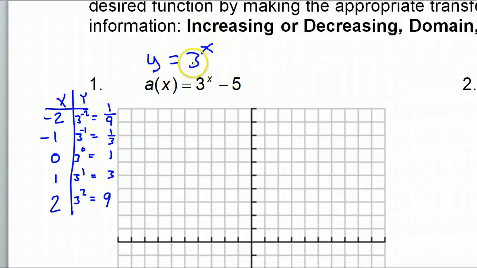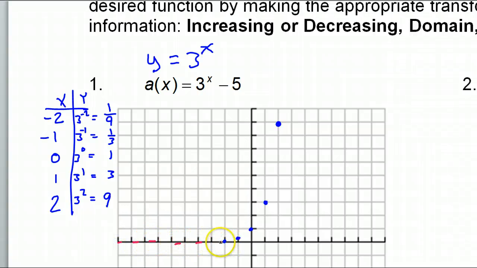So remember, this is the parent function. At -2, we're at 1/9, which is virtually on the line. At -1, we're at 1/3, which is up a little bit. At 0, we're at 1. At 1, we're at 3. And at 2, we're at 9. Okay, so I'm seeing the asymptote would be the x-axis.